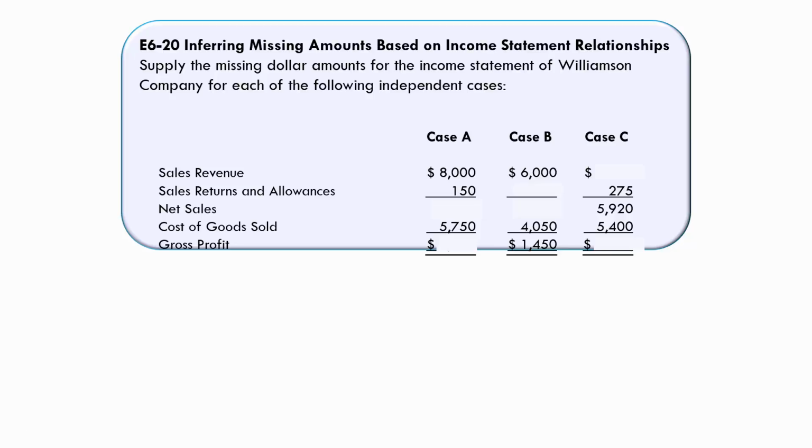You also have to know that gross profit is the difference between net sales and cost of goods sold. So more algebra for you algebra fans out there, and you subtract the numbers to get the numbers you need to fill in the values. I think that your Connect exercises will be very similar to these exercises.